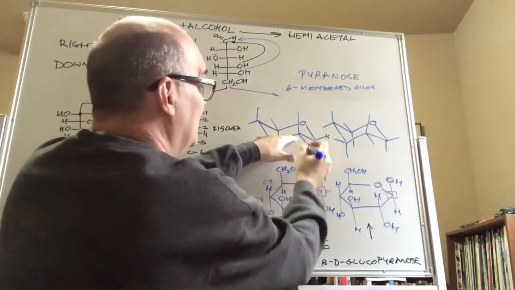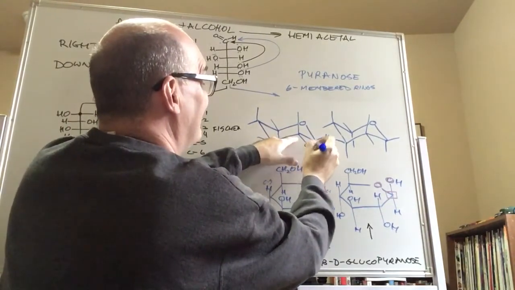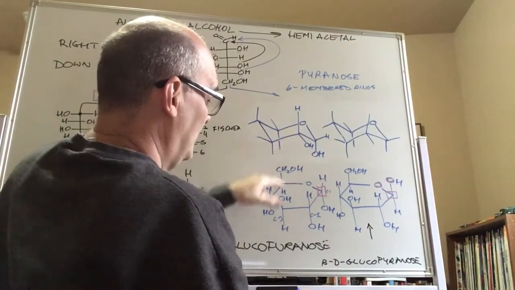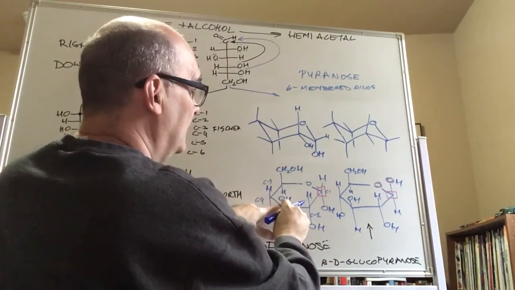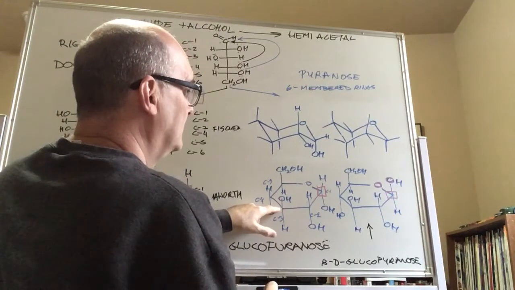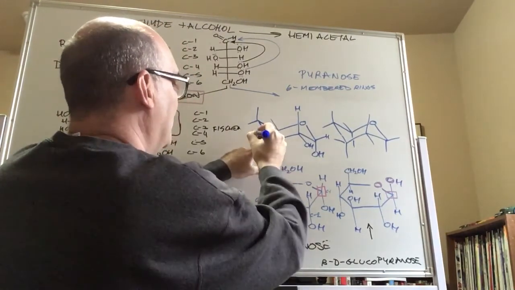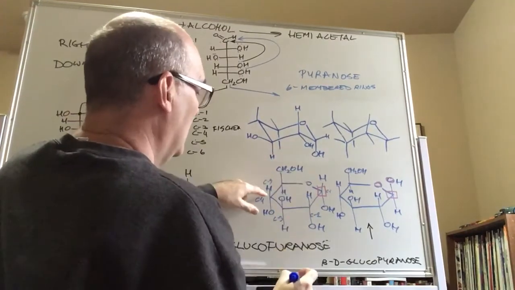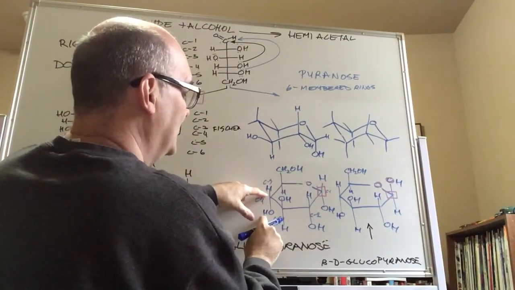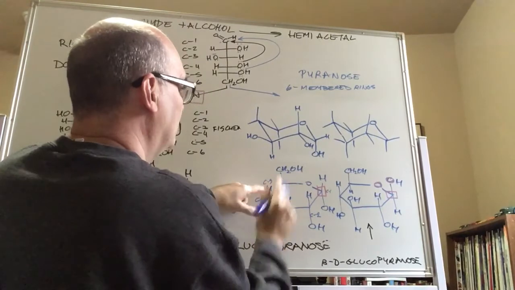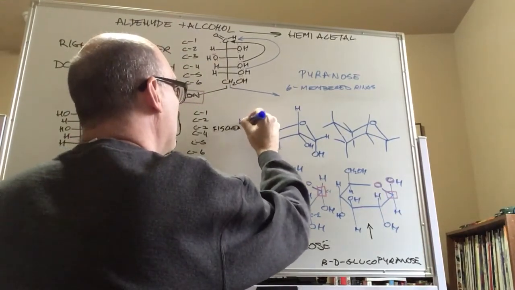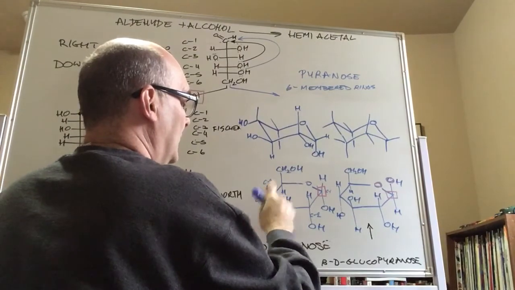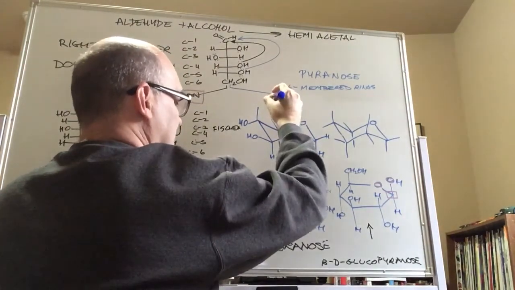Down at carbon number 2 is an equatorial position. Carbon number 3, the alcohol is pointing up. Up at carbon number 3 is an equatorial position. Carbon number 4, the alcohol is pointing down. Down at 4 is an equatorial position.